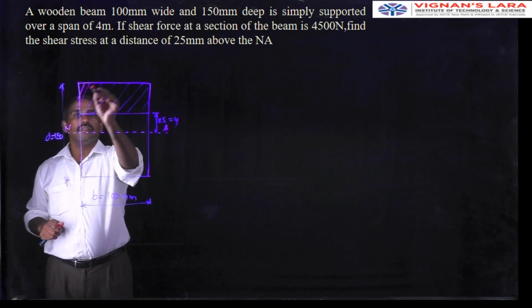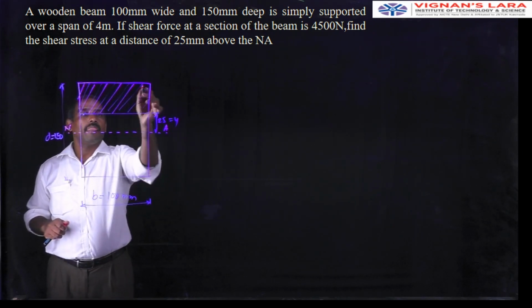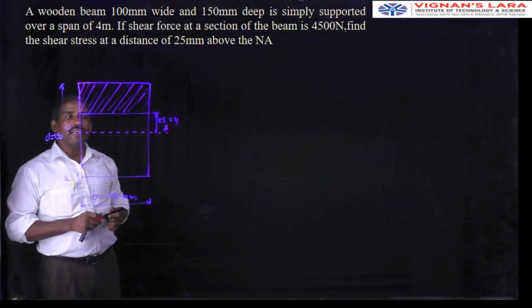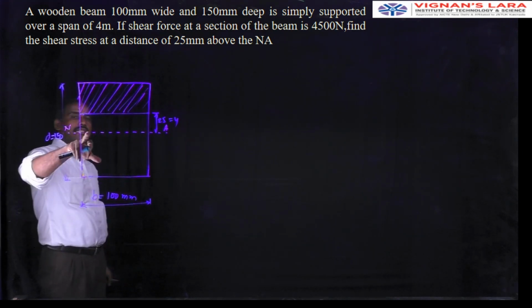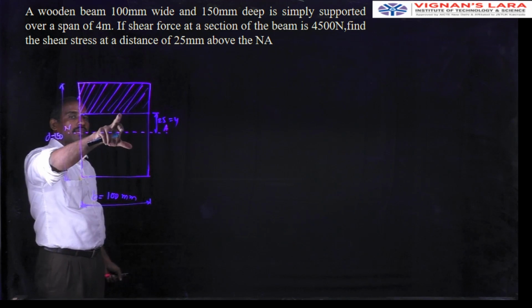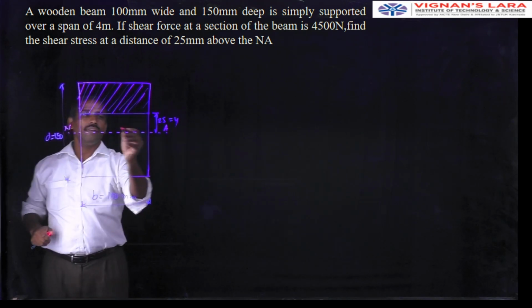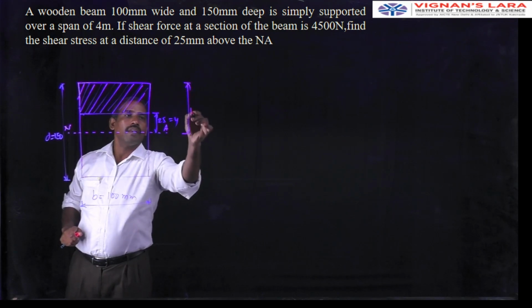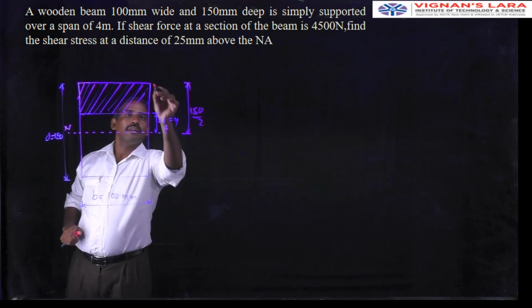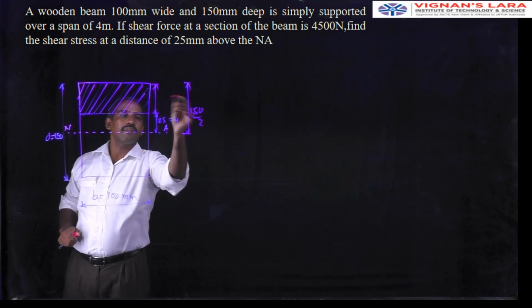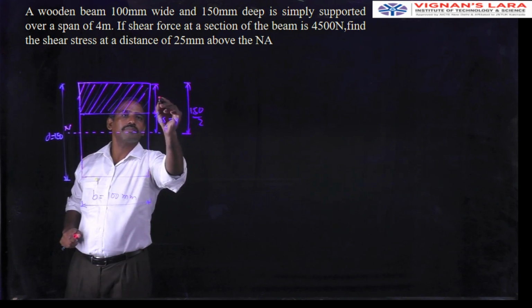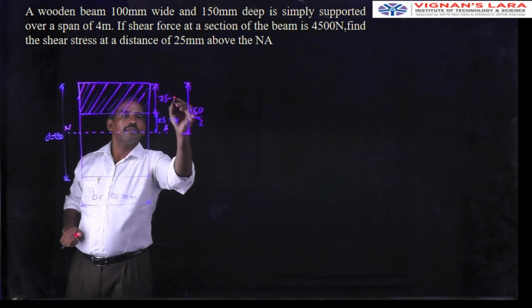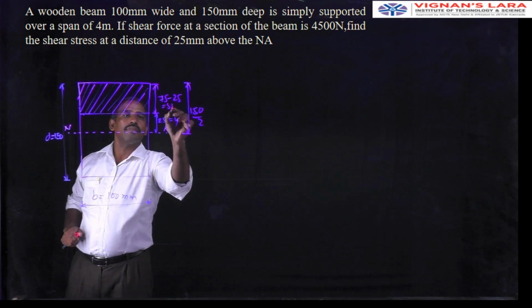I would like to find out the shear stress at a distance of 25 mm from the neutral axis. Definitely this value is 150 divided by 2, which is 75, minus 25, that is equal to 50.